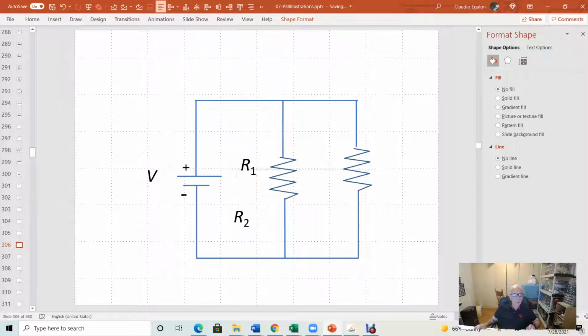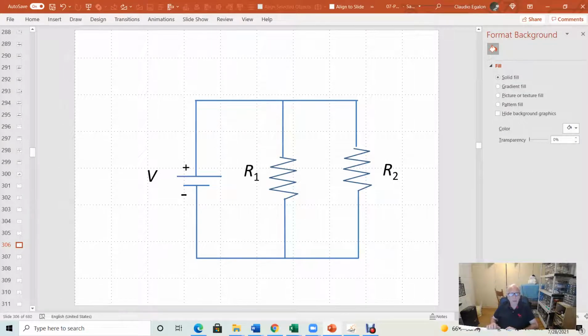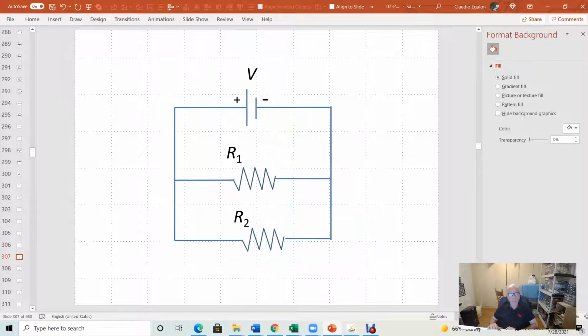This one is R1, this one is R2. That's how it is in the simulation. But of course, the same circuit can be illustrated like that. So let's look at the circuit and study exactly how it works.